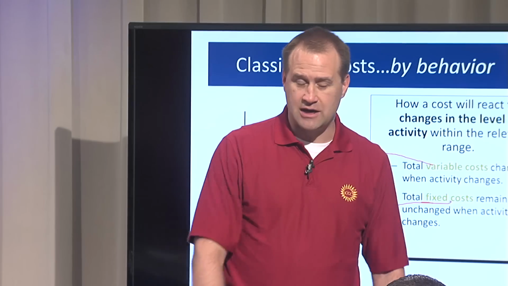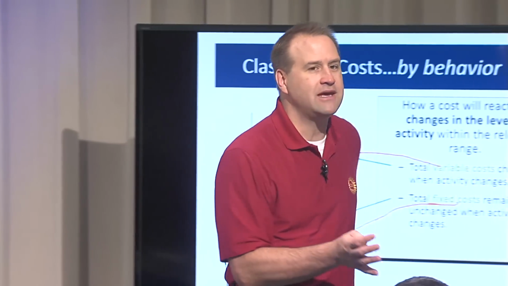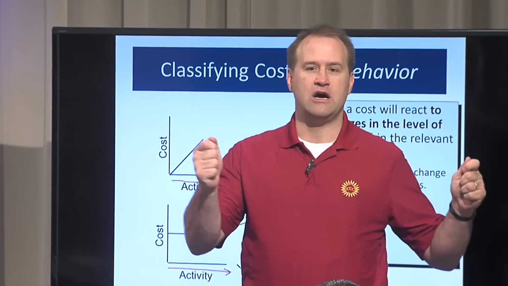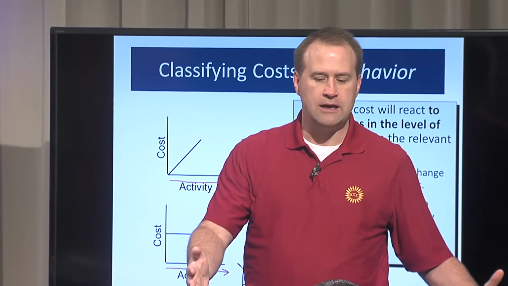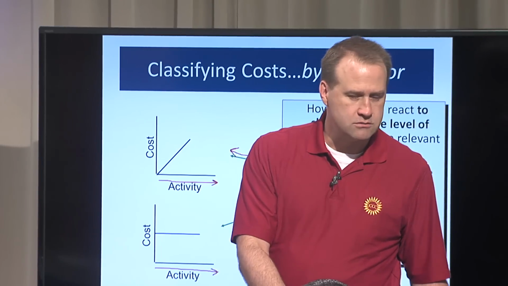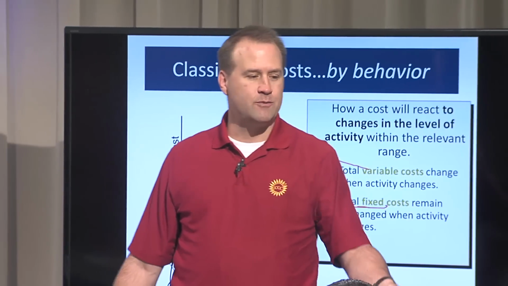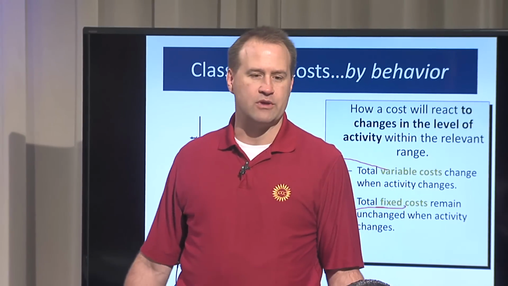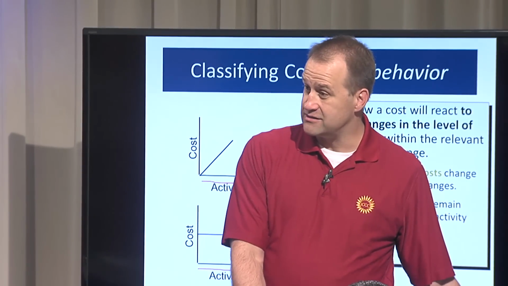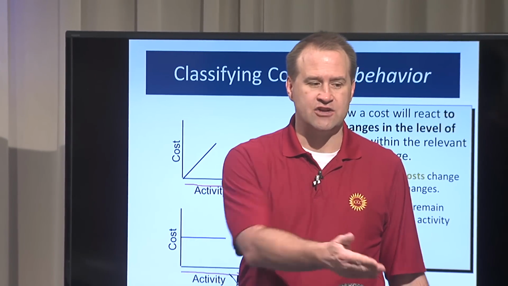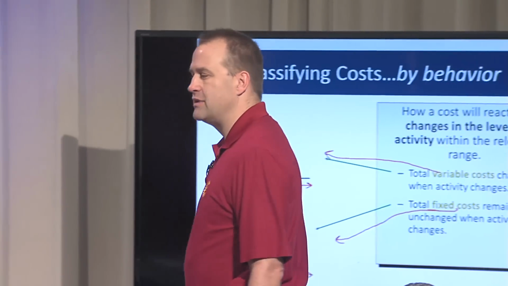Okay, that's a variable cost. Whereas an example of a fixed cost in this situation might be, let's say you pay $1,000 to rent a reception hall. It's $1,000 for that evening. Whether you have 100 people there or 200 or 300, it's $1,000. Does that make sense? That is a fixed cost. It does not change in regards to the number of people at your wedding reception.